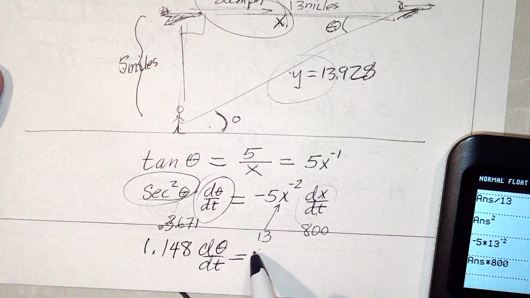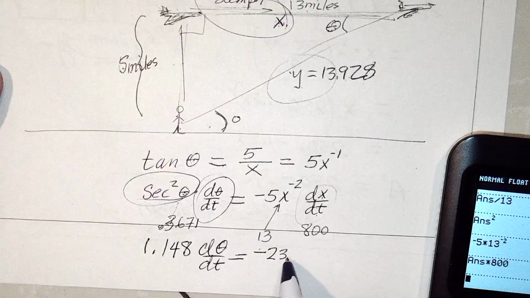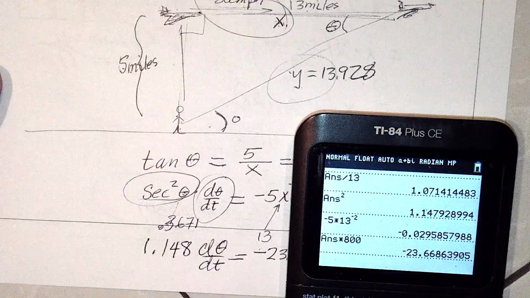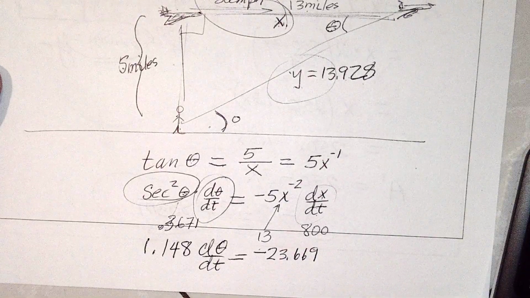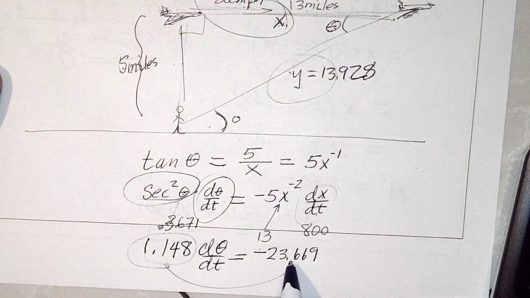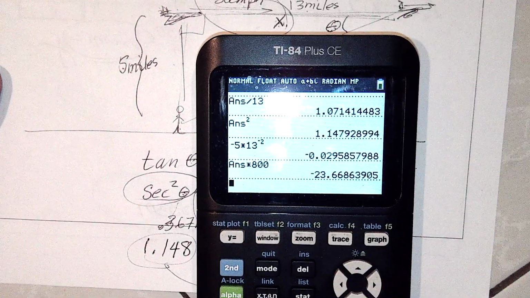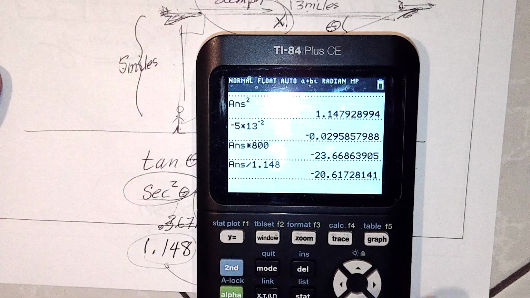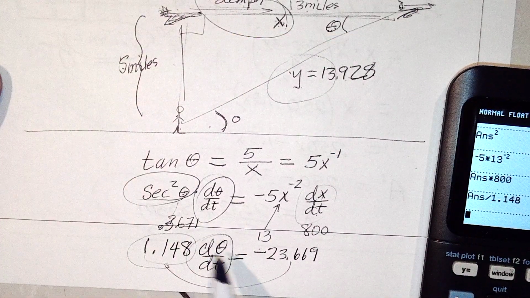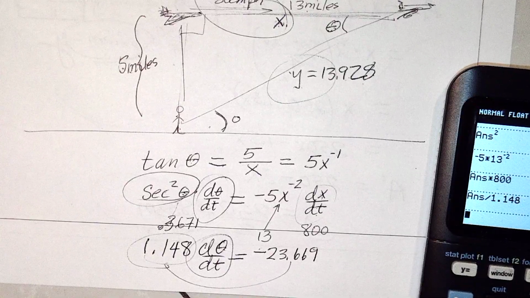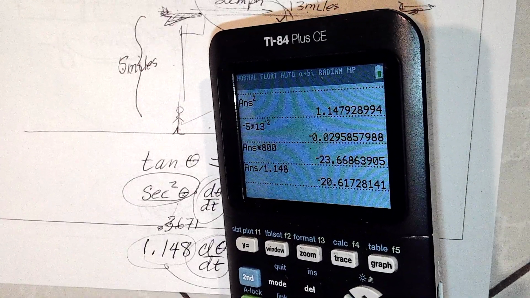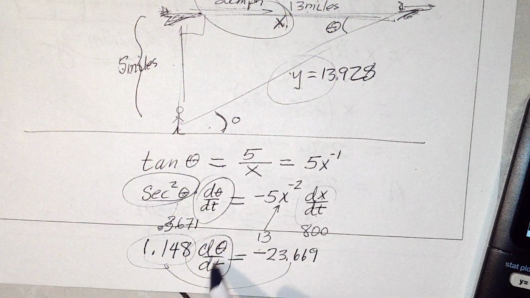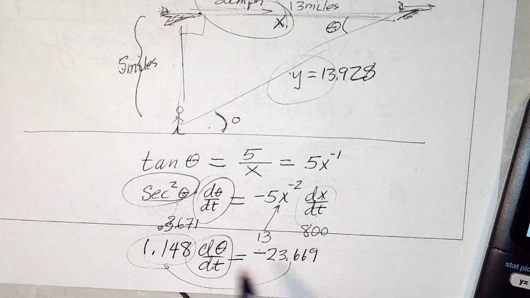And so this comes out to be -23.669. So I got to divide this into there, divided by 1.148, and I get the change in the angle in terms of radians. It's losing 20.6 radians per hour.